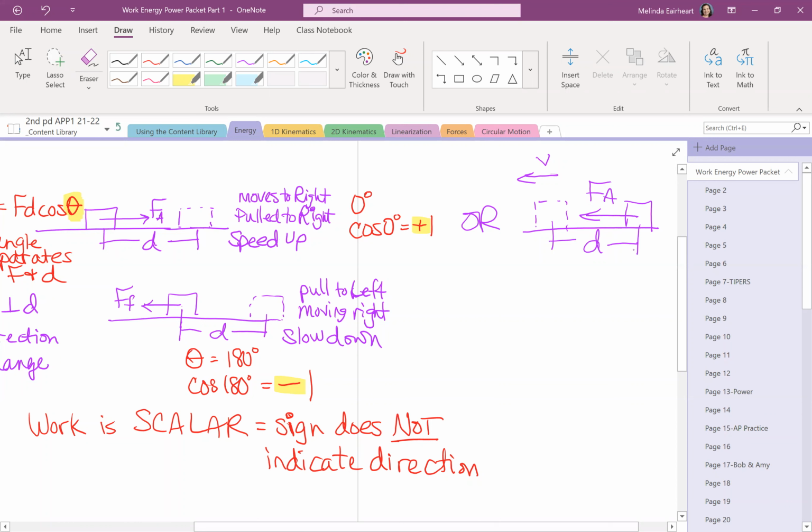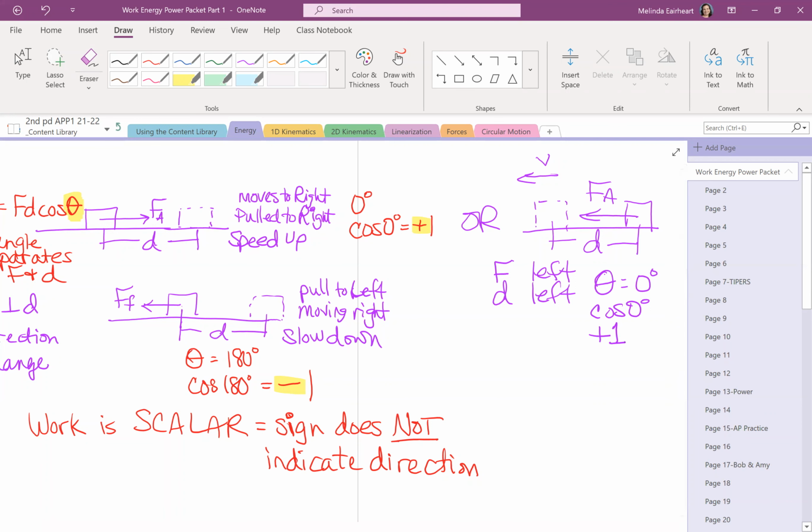What angle separates left and left? 0. So the force is left, D is left. And so the angle would be 0 degrees, and cosine 0 is +1. And so those top two, as long as you're pulling it in the direction it's moving, you have positive work done. It doesn't mean to the right, it doesn't mean up, it just means the direction of your force and distance agree.